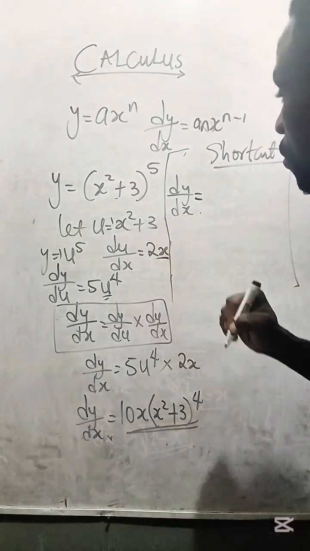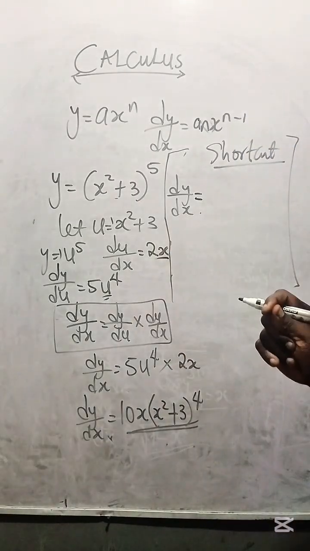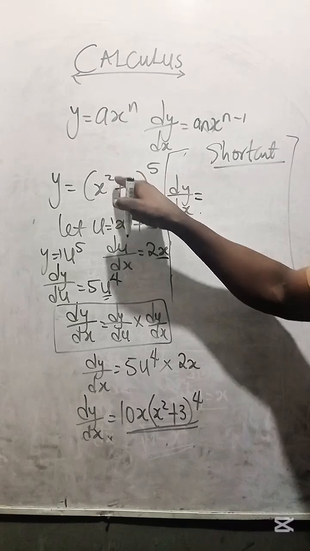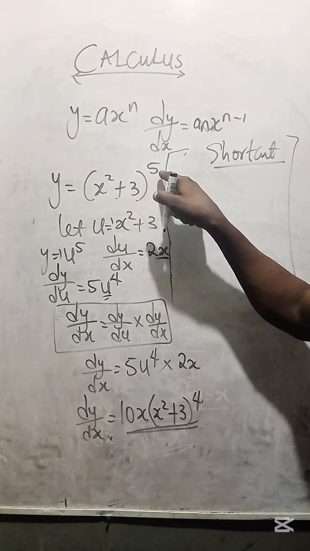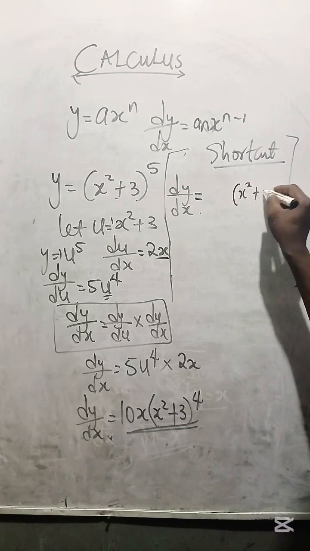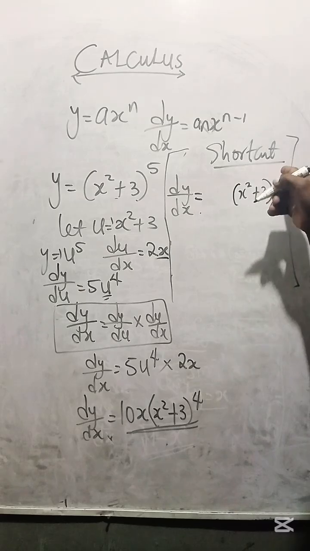When you are asked to solve it in an objective question, you say dy/dx equals x squared plus 3 all raised to the power of 5. You keep it down, x squared plus 3 all raised to the power.